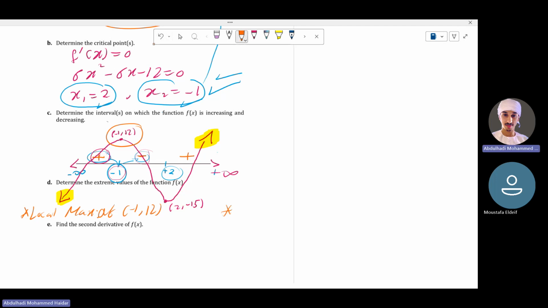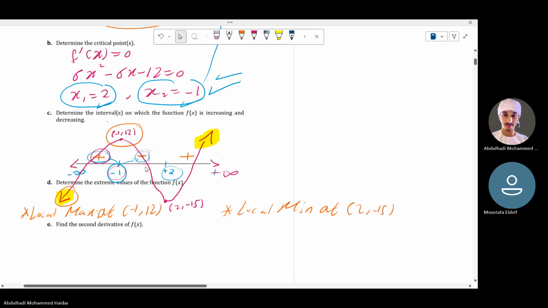Why is it not an absolute minimum? Because we have this arrow. So it will never be the lowest point, because this one will still go downward. Okay, so the local minimum will be at 2 and -15. And that's it for part D.